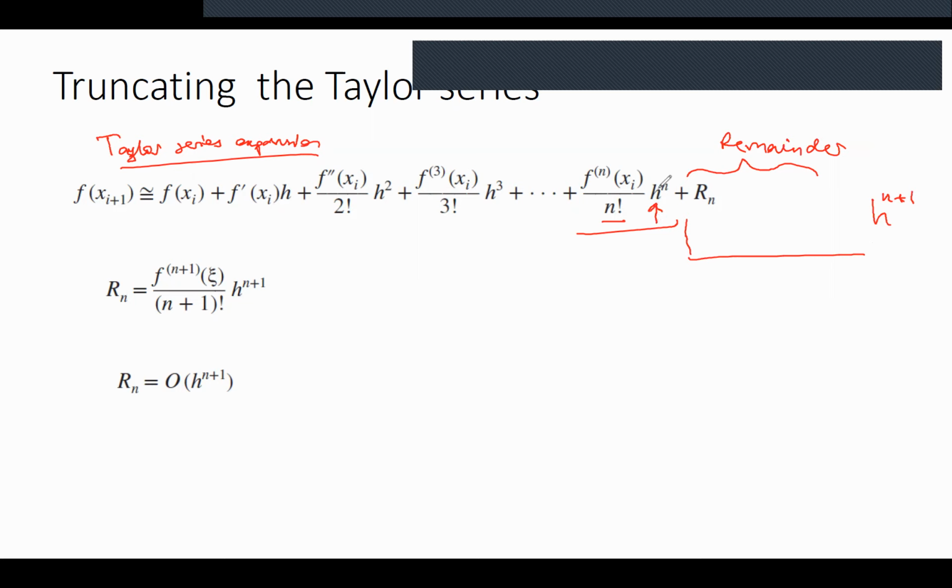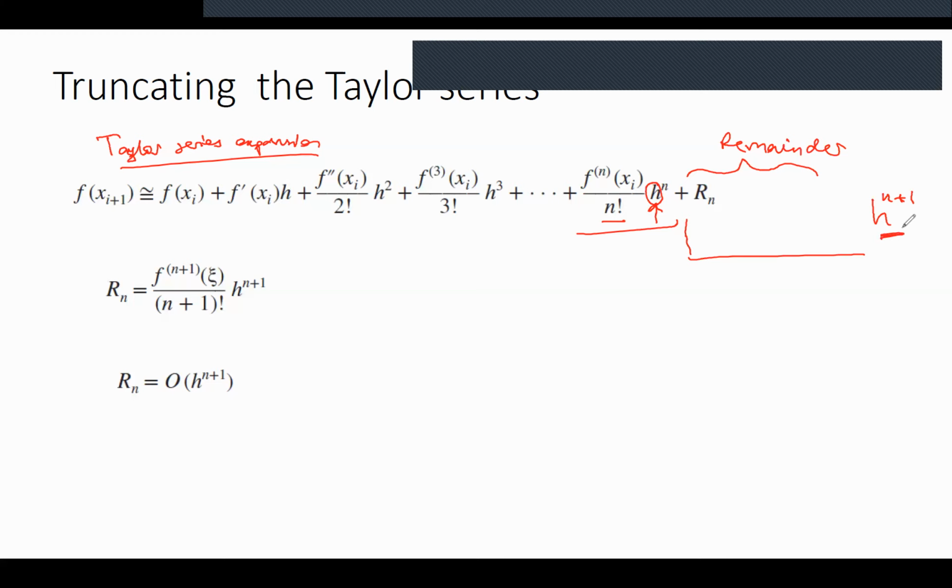As we choose h very small, the power of h will give us a very small number. So it gets smaller with each term. So at the end, it goes to 0 approximately.